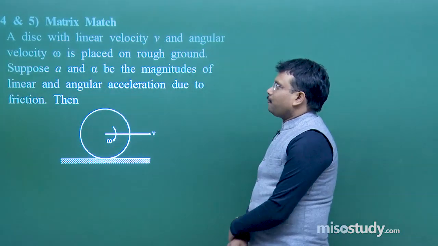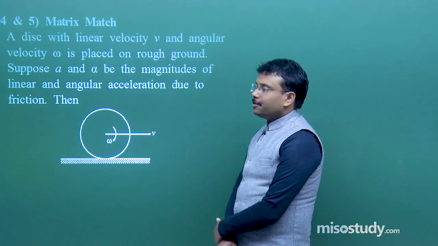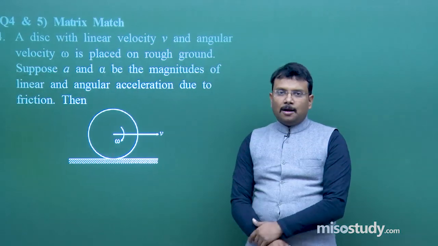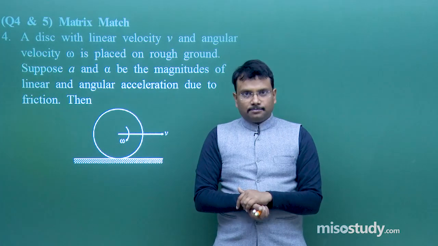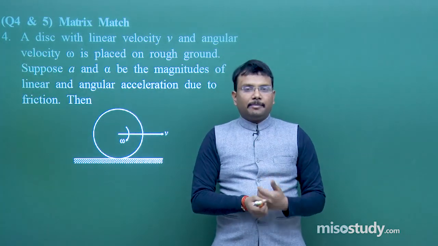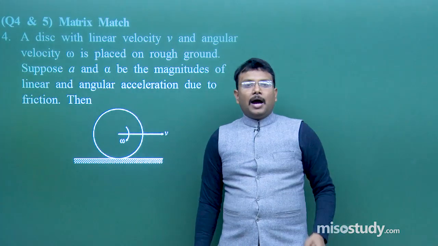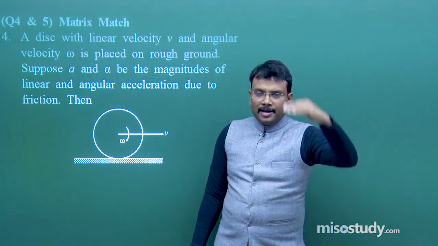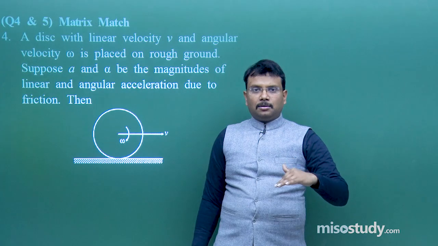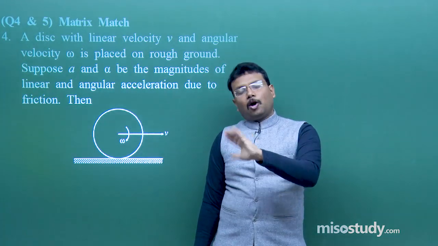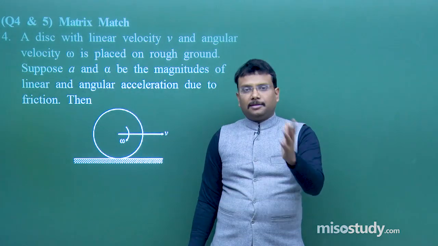Now question number 4 and 5, both questions, they are matrix match type. Matrix match means some statement is given, below that statement there is table 1, table 2, fine, and various items of table 1 should be matched with the other options of table 2, like that.